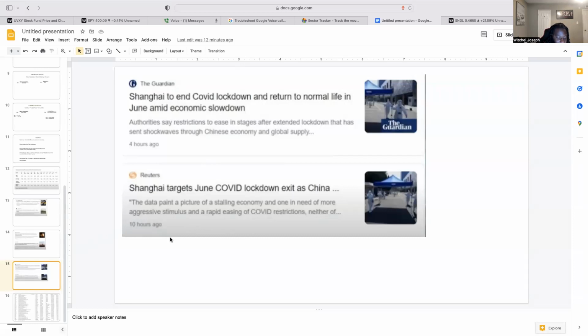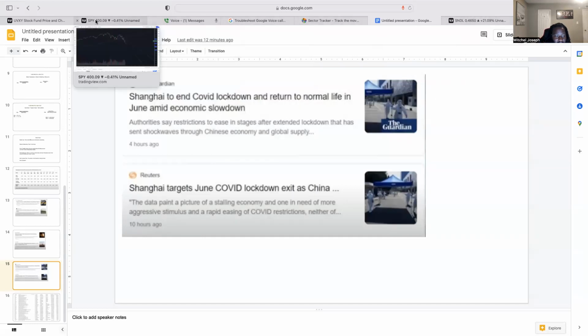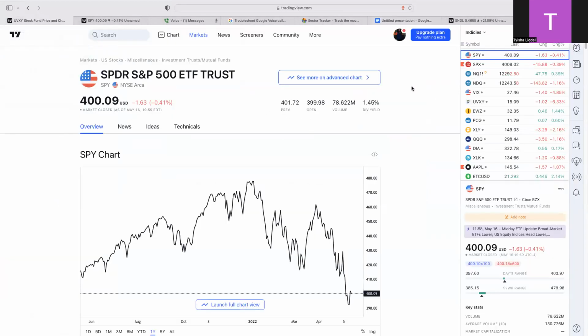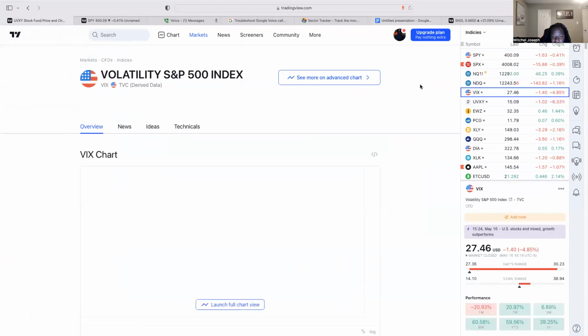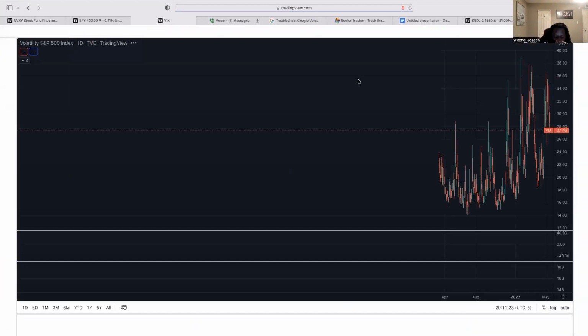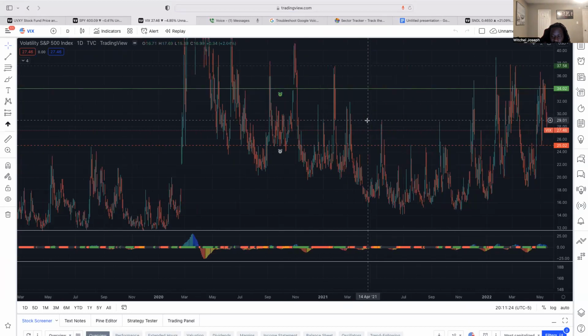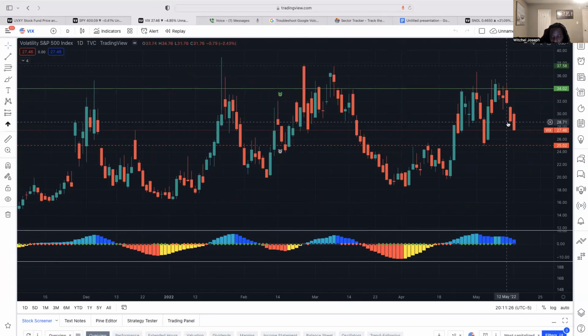So basically, what I wanted to break down is that in the midst of this volatility, if we look at SPY, we look at the UVXY, we look at the VIX. Let's go to the VIX. You'll see that volatility is pretty high. Whenever volatility is high, and high is above 20, options are expensive.